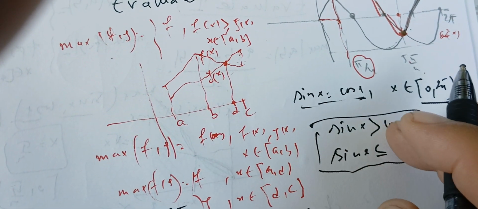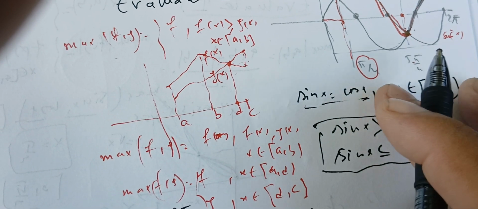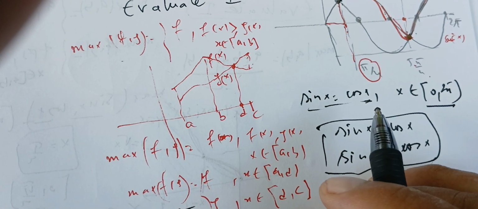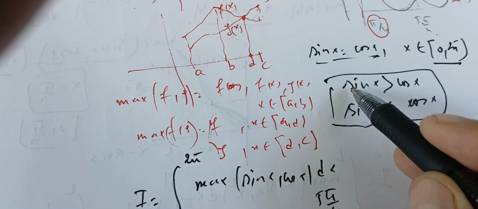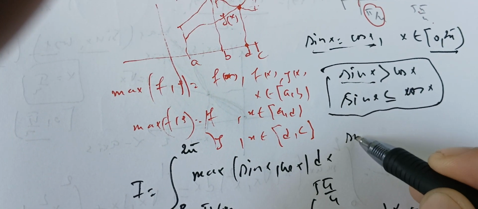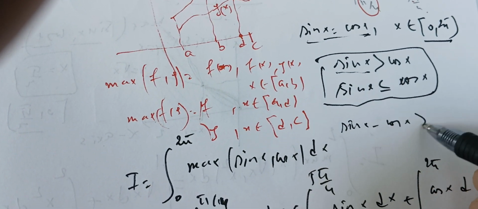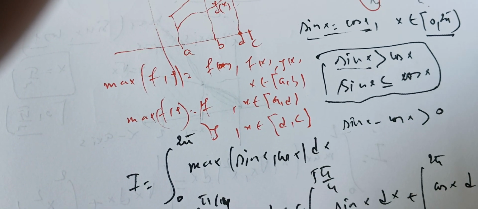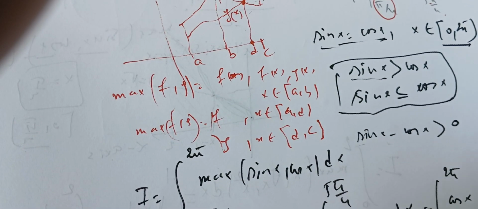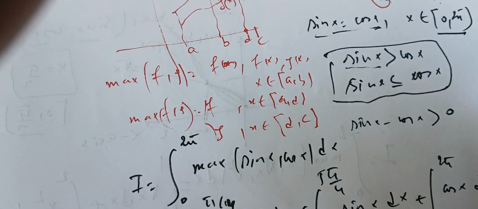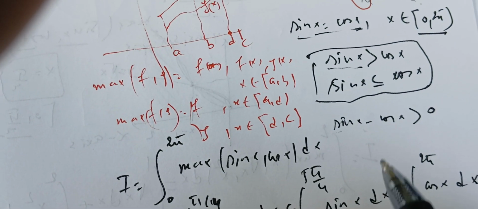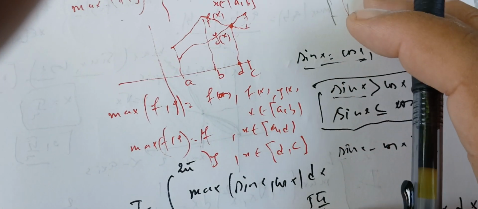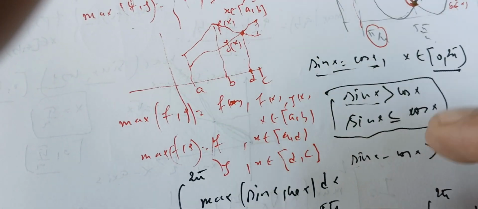We can do this in a table, or we can use the identities that we know. Here we can transform this into sine of x minus cosine of x bigger than 0, and we can multiply by square root of 2 over 2 to get into a sine or cosine bigger than 0, and we can solve. This video has too many ideas that we have seen and you already know.